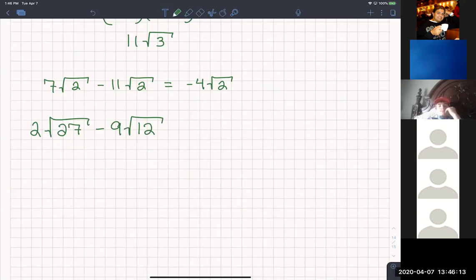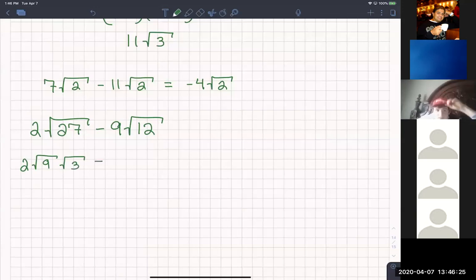Can I simplify 27? Yes, 9 and 3. Can I simplify 12? Yes, 3 and 4. Now, what comes out from underneath the radical? The 9 becomes a 3 and the 4 becomes a 2.